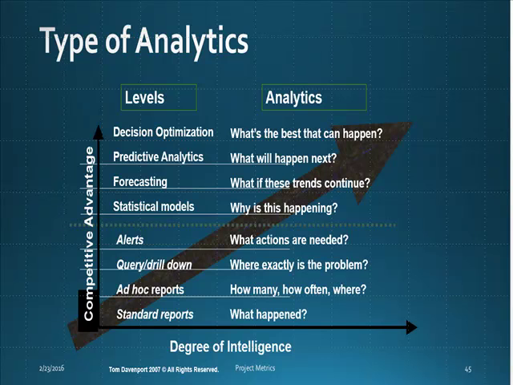All right, there are different types of analytical approaches for us to apply when we're trying to evaluate project performance, based on different levels, right? If you look at competitive advantage as the y-axis and the degree of intelligence on the x-axis, you can match up all the different levels of analytics with the actual answers or questions they're trying to address from an analytical approach perspective, right?